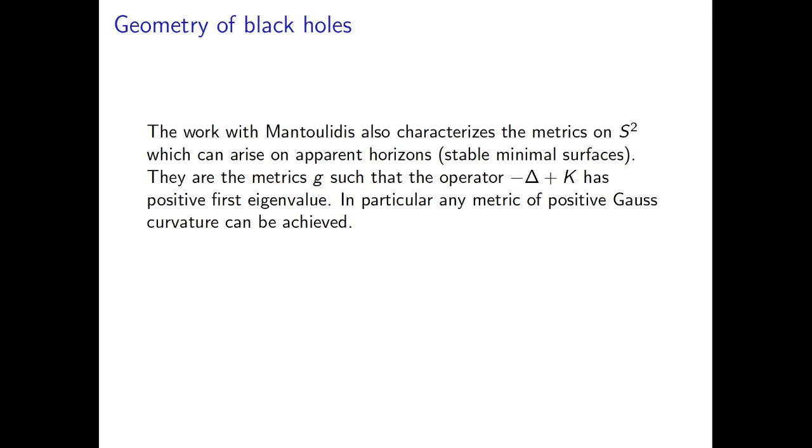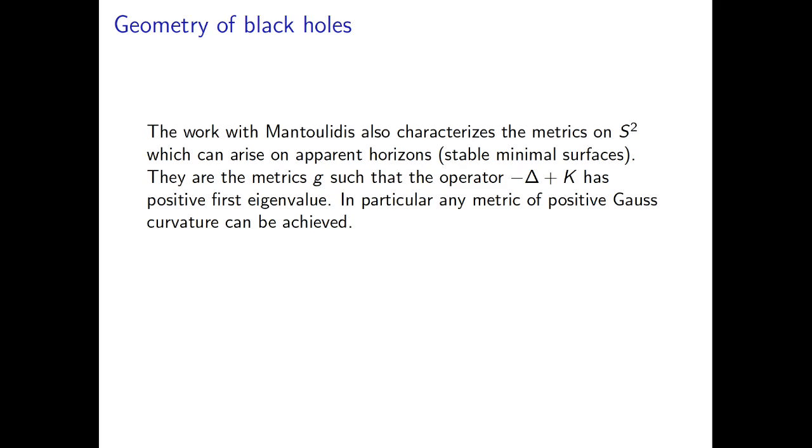So let me just say, the other thing that we did in the paper is we characterized the possible geometries of the apparent horizons, or the black holes. So in fact, we showed that the metrics on S2 which can arise as apparent horizons, which correspond in the P equals 0 case to stable minimal surfaces, are precisely the metrics for which this operator has positive first eigenvalue.